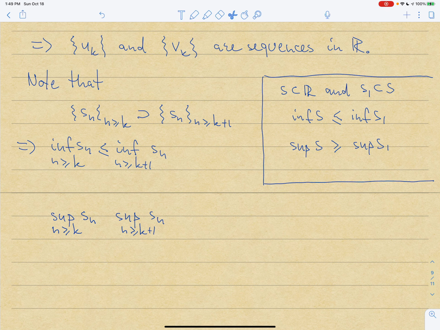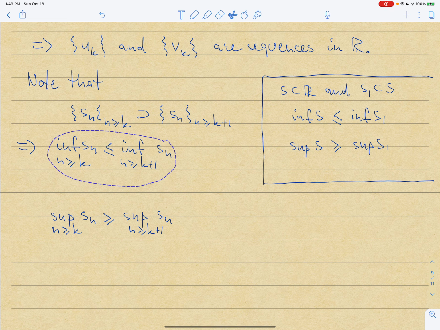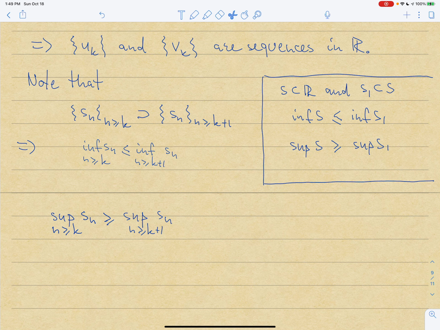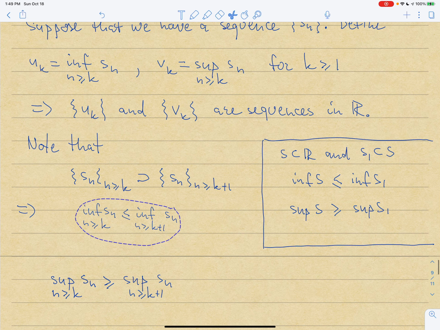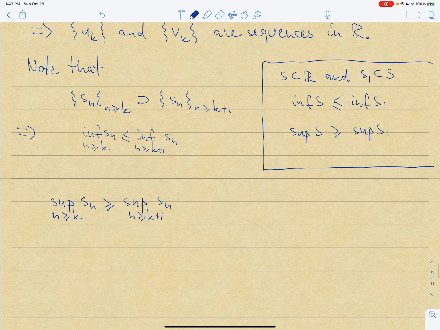The set on the right is smaller, so its supremum must be smaller, so greater or equal. Well, but then what are these infima and suprema? The first one, infimum of Sn when n is greater or equal than k, I call that uk.